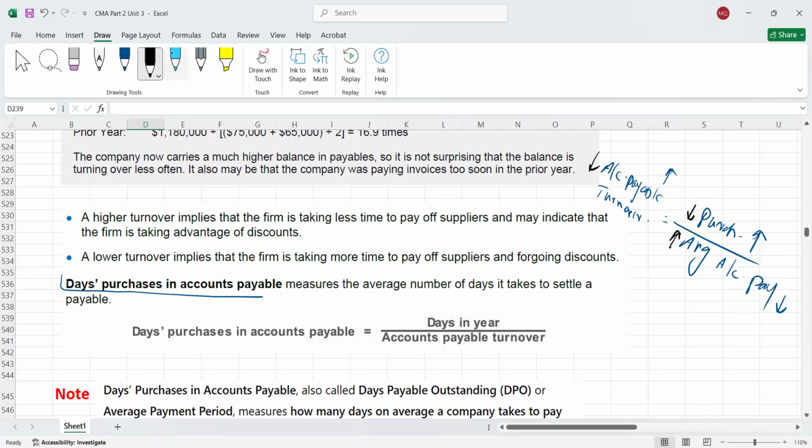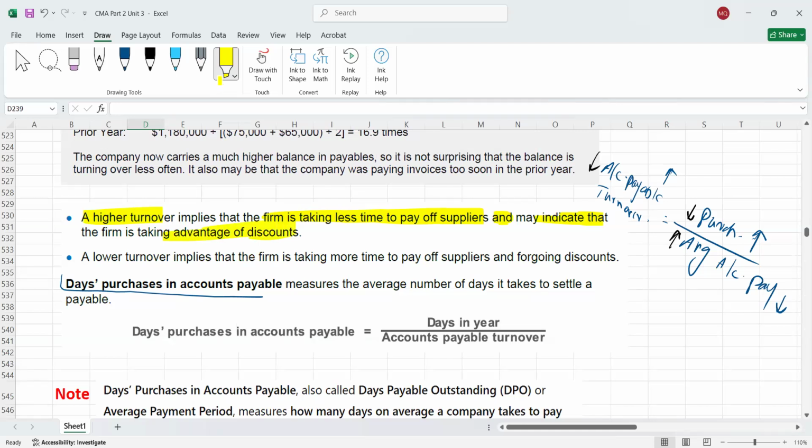So now here, if answer is higher, what does it mean? It implies that the firm is taking less time to pay off suppliers. We are taking less time to settle our payments. And it may indicate, because why are we settling our suppliers quickly, maybe we are trying to take the advantage of the early settlement discount, right? Sometimes suppliers are offering discount.